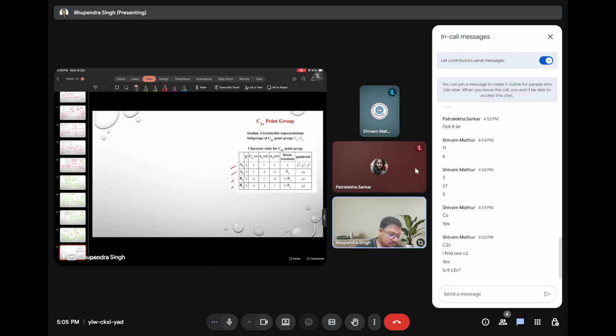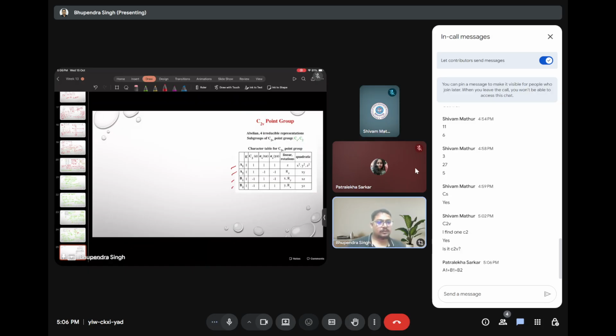This is also one exercise you should know. Yes, A1 plus B1 plus B2.